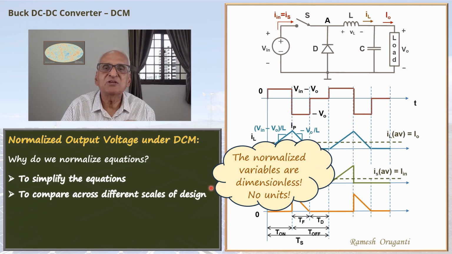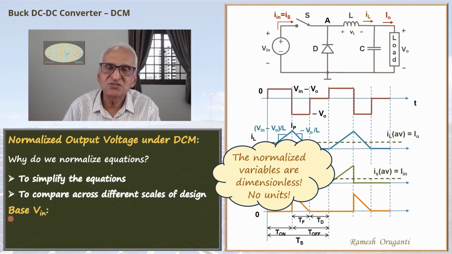We will be using what I call base V in normalization. Again, this is introduced in the buck converter boundary operation video. Here, the normalization factor or the base value Vn equals V in. We can take V naught also as the base value. We will do that later in another video. In this video, we will be using base V in, which is a natural base to take.